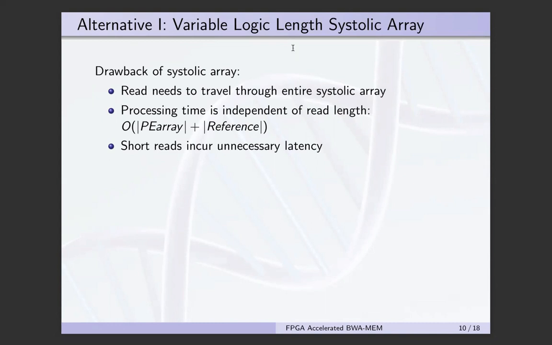As we said earlier, there is a drawback for having a systolic array, since the reads need to travel through the whole systolic array to reach the output, even if they are much shorter than the systolic array. This incurs unnecessary latency.